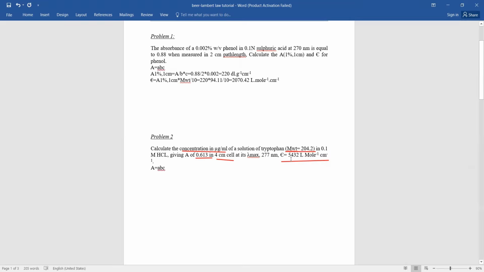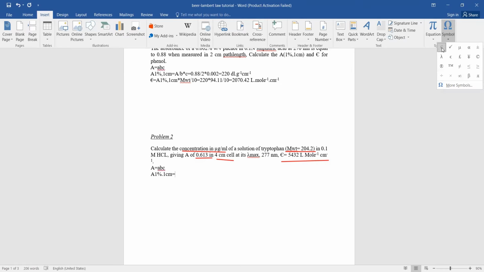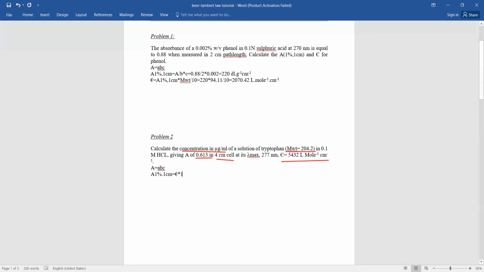So we will convert the molar absorptivity to A1% 1 centimeter using the rule A1% 1 centimeter equals epsilon times 10 divided by the molecular weight. The epsilon given is 5,432 times 10 divided by the molecular weight, which is 204.2.